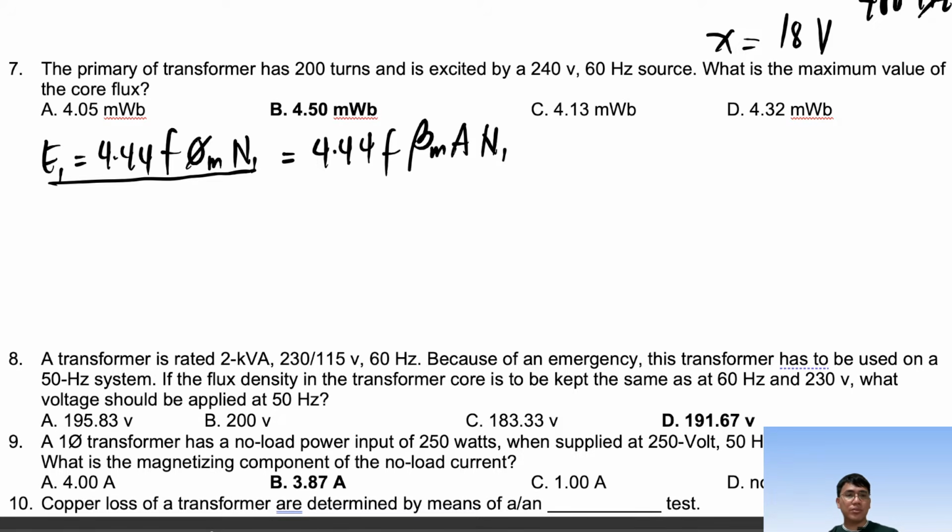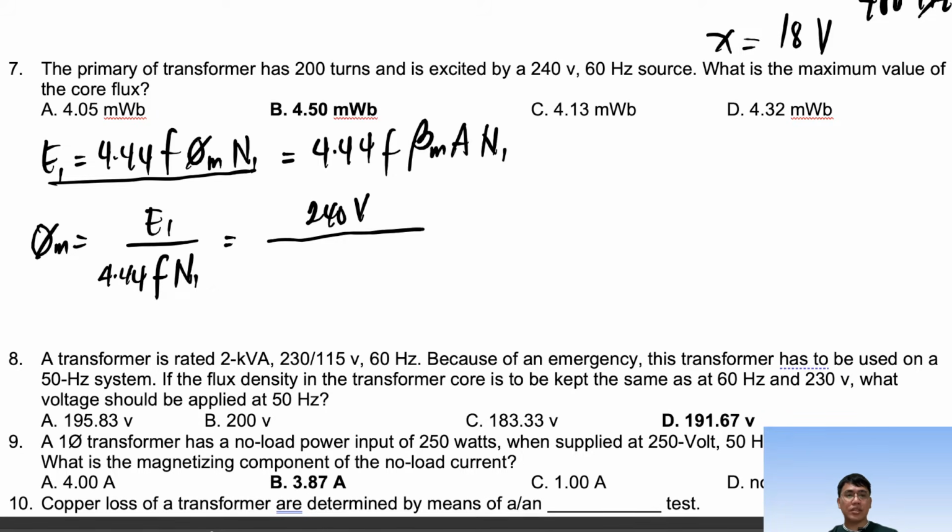Solving for theta sub m, that is E1 divided by 4.44 times the frequency and primary turns. So that is 240 volts divided by 4.44 times 60 hertz times the turns, 200 turns.